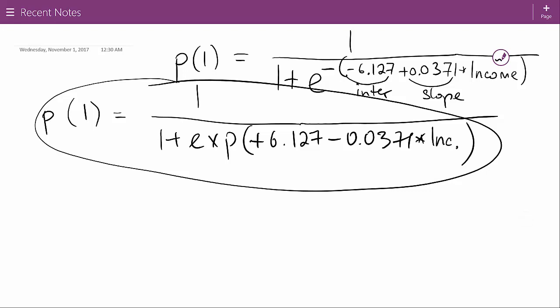So my slope from the model that I obtained by using JMP is positive. And what we discovered just now, as the income gets higher and higher, the likelihood of a person taking a loan out of the bank is getting bigger and bigger. Which makes sense, right, on the intuitive level.